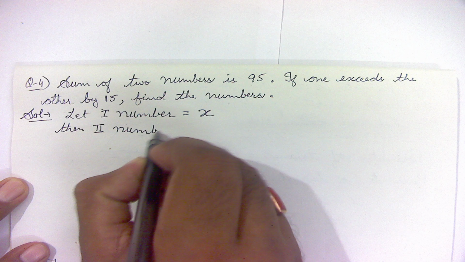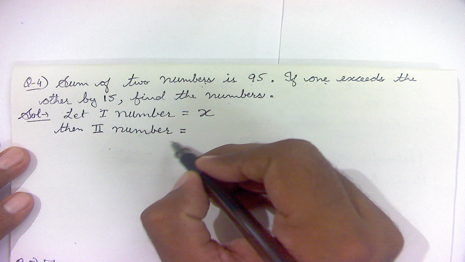So out of these two statements, one of them we will use to create the second number. How is it done? Now here it says the sum of two numbers is 95. So if one number is x, what will be the other one? 95 minus x. Or you can take the second statement. This will be easier to calculate than the first one.